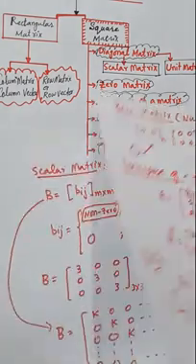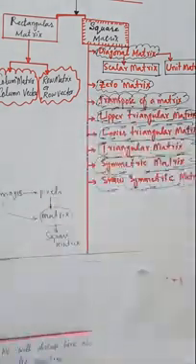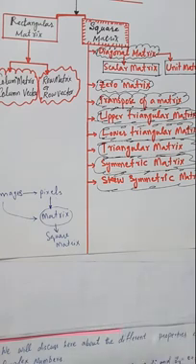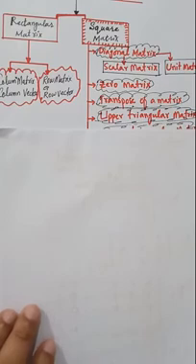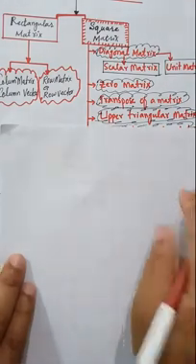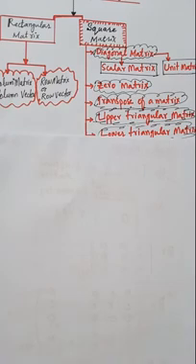Triangular matrix: upper triangular matrix, lower triangular matrix and triangular matrix. Now I am discussing an upper triangular matrix. The definitions of upper triangular matrix, lower triangular matrix and triangular matrix are related to each other.